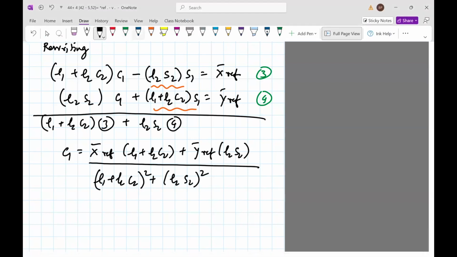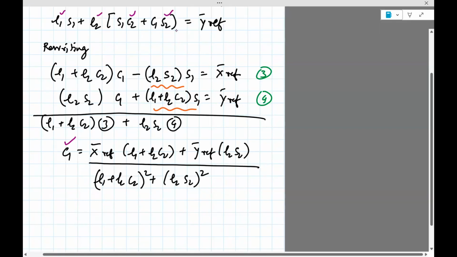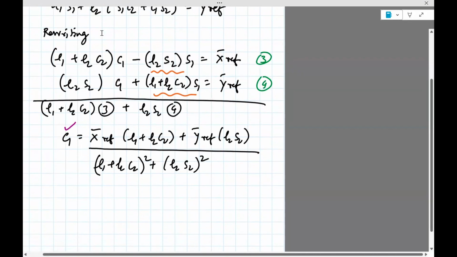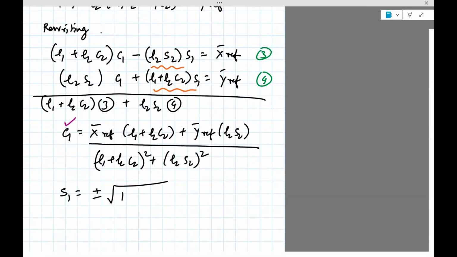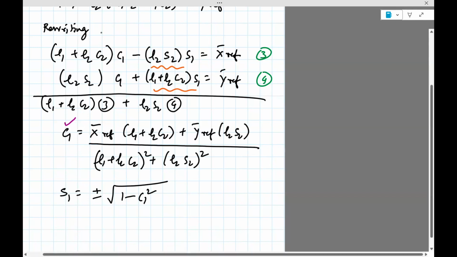So everything on the right is known. We have now found C1. And then you can also find S1 as plus or minus the square root of 1 minus C1 squared.